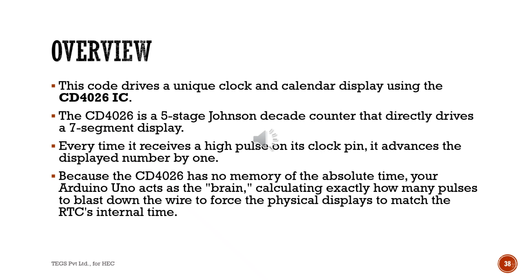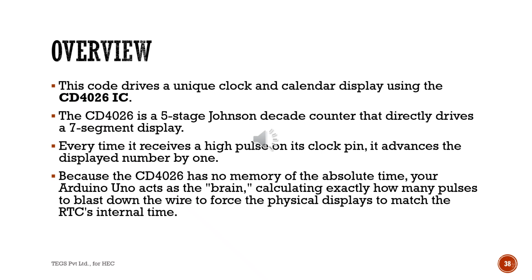Working of this code is described in this section. Working overview. This code drives a unique clock and calendar display using the CD4026 IC. The CD4026 is a 5-stage Johnson decade counter that directly drives a 7-segment display.